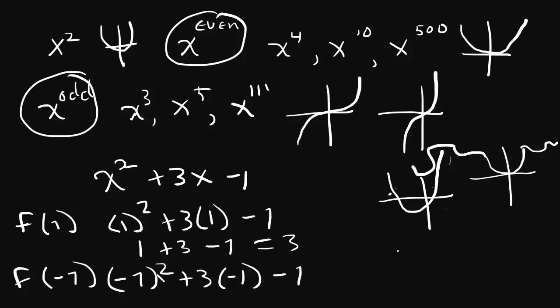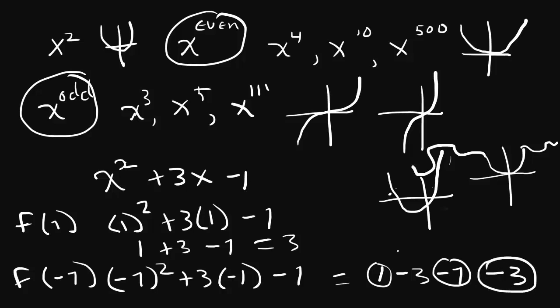So negative 1 times negative 1 would be 1, plus 3 times negative 1 would be minus 3, minus 1 would be minus 1. So 1 minus 1 would give us 0, but then we'd get a negative 3. So it looks like we actually have something that's symmetric around the origin.